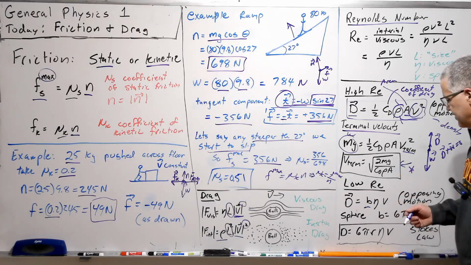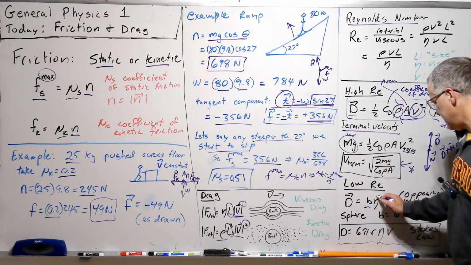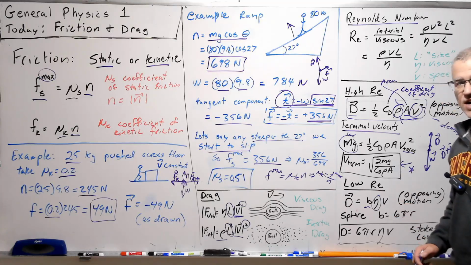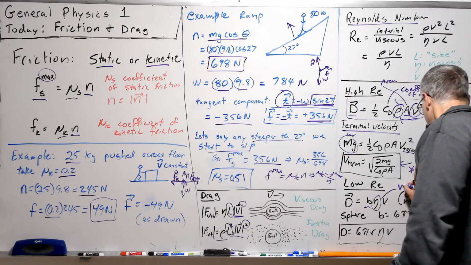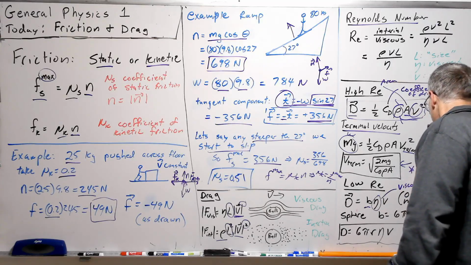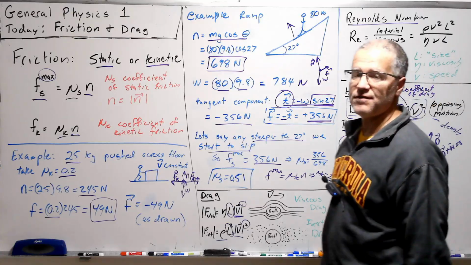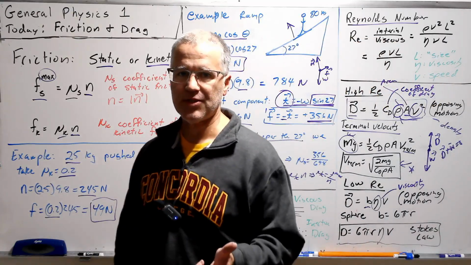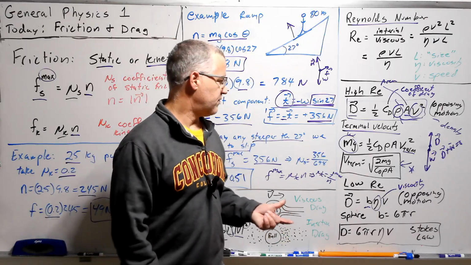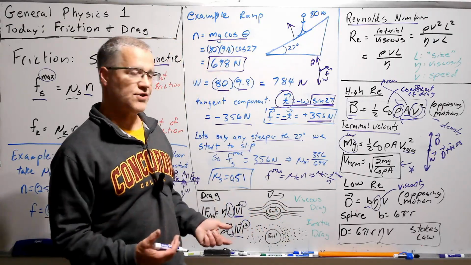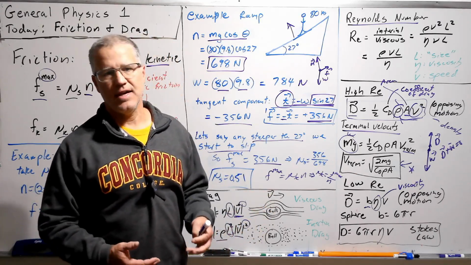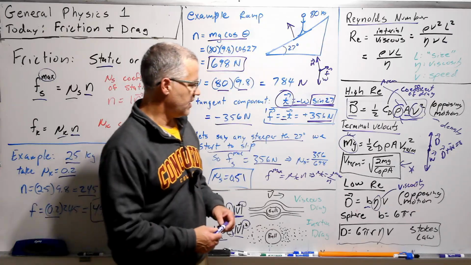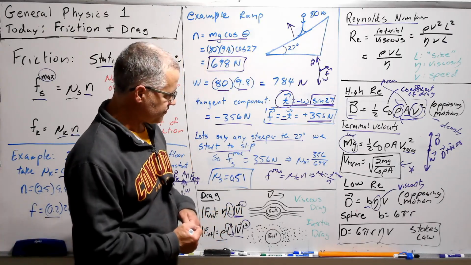It still represents the volume. Then the viscosity, so this is viscosity, and that just depends on the fluid. It doesn't depend on the shape that's moving through it. So water has a certain viscosity at a certain temperature. Ethanol has a viscosity at a certain temperature as well.